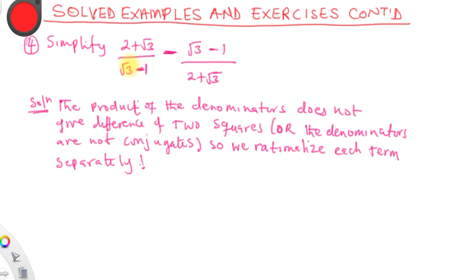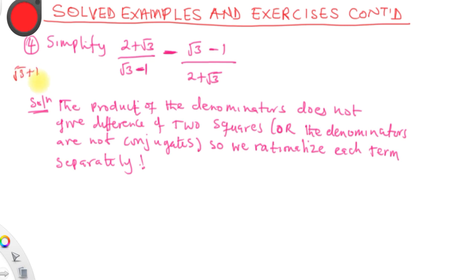So what is the denominator of the first term? Square root of 3 minus 1. And the denominator of the second term is 2 plus square root of 3. What is the conjugate of this? The conjugate of square root of 3 minus 1 is square root of 3 plus 1.